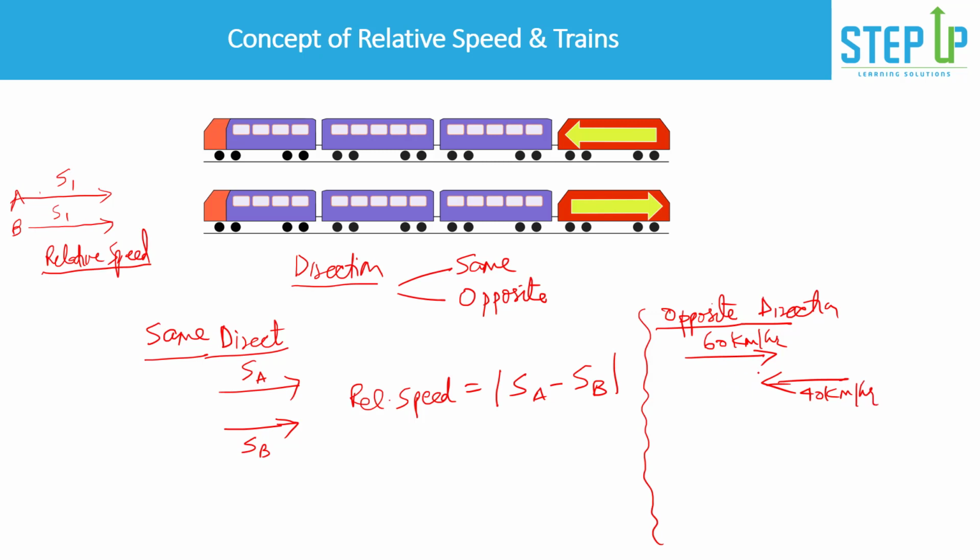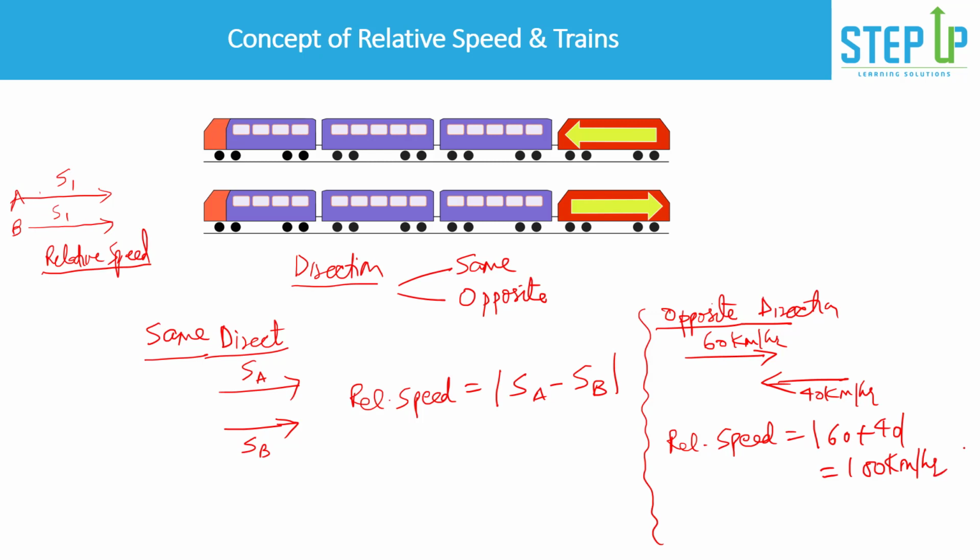Why does it feel very fast? It feels more than 40 km/h because of this concept of relative speed, because you are seeing it with respect to another train. So the relative speed in opposite direction actually adds up. In this case, your relative speed becomes 60 plus 40. So it feels faster. And this is the concept of relative speed.